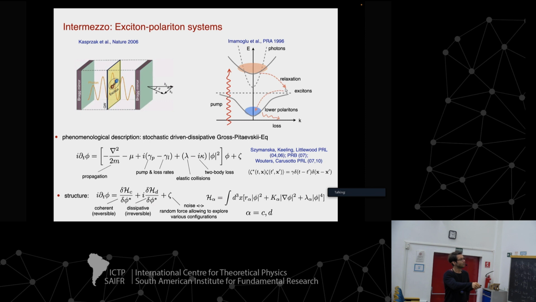So if you conceptualize this equation a little bit, you can see that the time evolution of this polariton amplitude is driven by coherent processes, coherent dynamics. So this is this propagation here. It has some dissipative irreversible dynamics, that's all the imaginary parts here, and is exposed to a random external force.